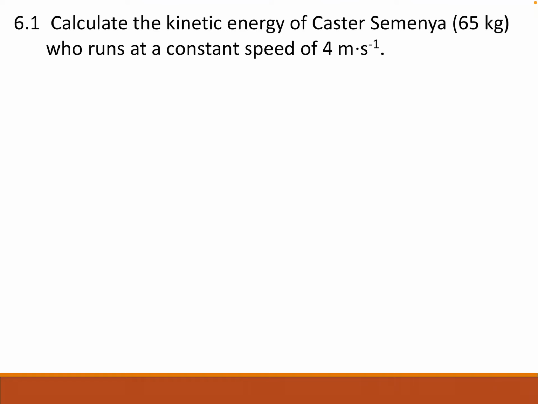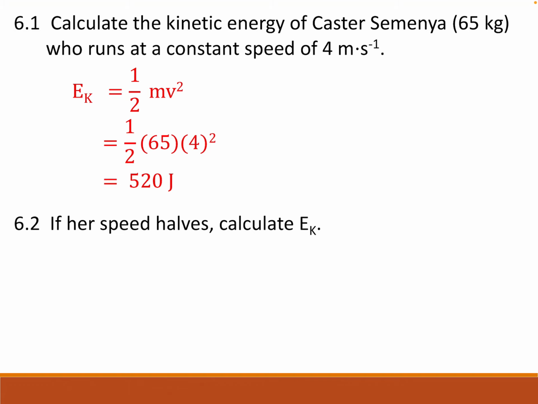Calculate the kinetic energy of Caster Semenya, who runs at a constant speed of 4 meters per second, assuming she has a mass of 65. Well, it's kinetic energy. EK equals a half mv squared. So it's a half times 65 times 4 squared, 520 joules. Her speed halves. Now what happens to her kinetic energy?